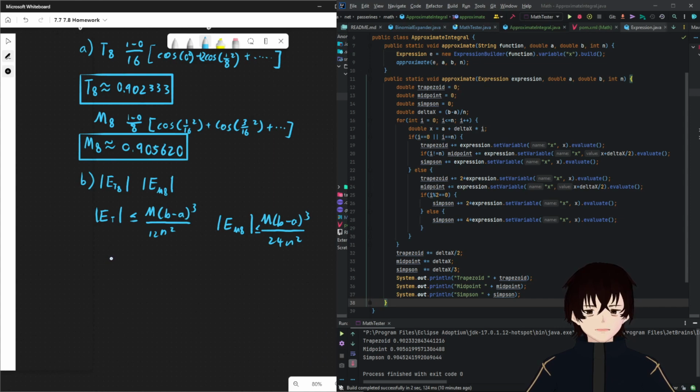My god. The biggest value is going to be 1 because cosine can be at most 1. Right? Oh, that is so nice.